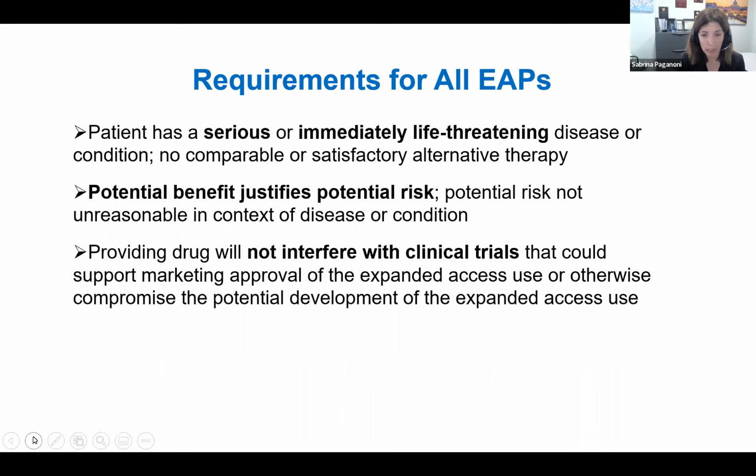This is very clear in the regulations, and this is the way we're thinking about EAPs. I would say that the patient community has done tremendous advocacy to really focus on these points. In addition to advocating for EAPs, they've done a lot of education with the community to make sure that these are not conceived as a substitute for clinical trial enrollment.